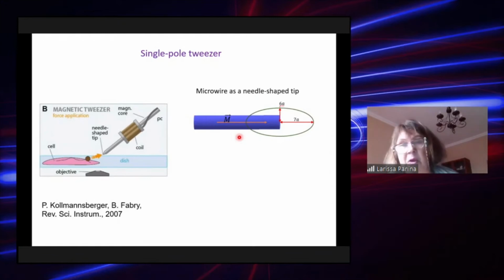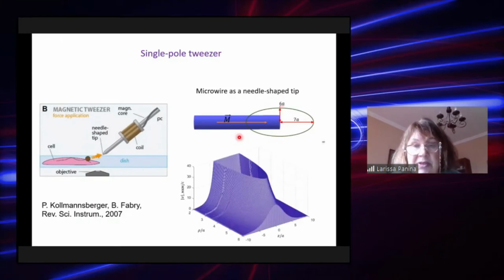So when we go from the wire end to say 7A, that is kind of in the range of 100 microns, then the wire can impose force on magnetic particles.